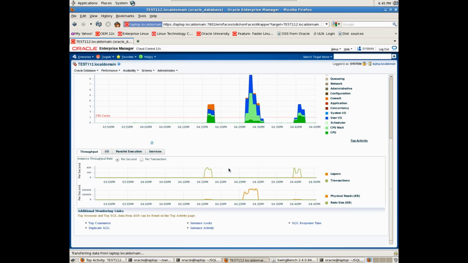But what I would expect, I apologize that it's not showing what I would expect to be able to show you. But what normally happens when I do this demonstration is that in this throughput graph down here, we have instance throughput per second. And along here is transactions. Now normally when you run this test, and I'm still not quite sure why, but I suspect it is because the laptop itself is slowing down, this graph would show a higher number of transactions per second than the previous graph.